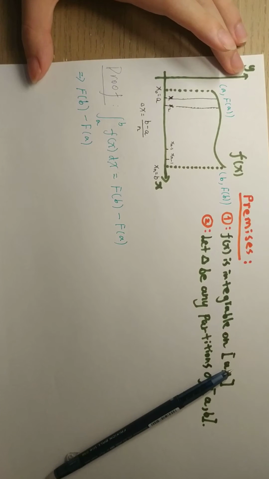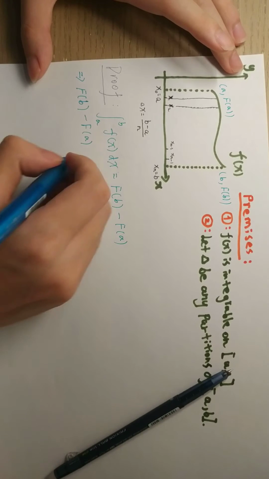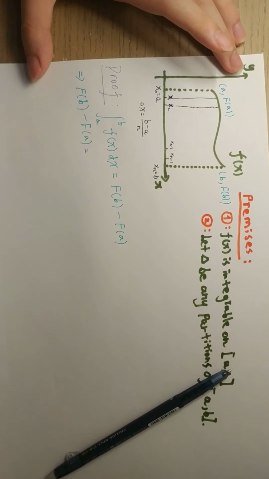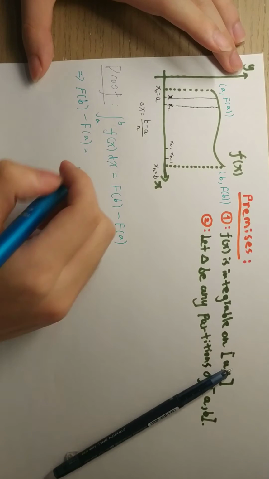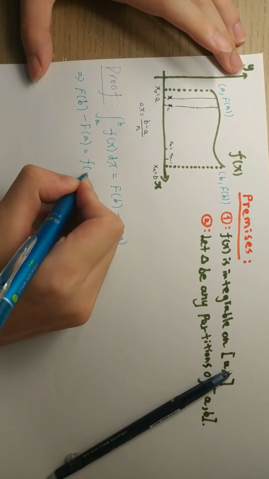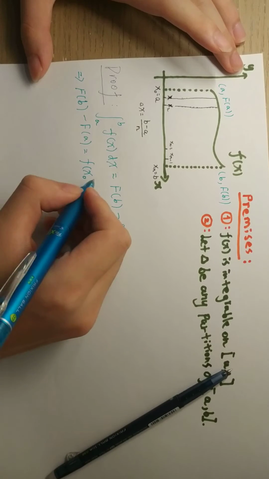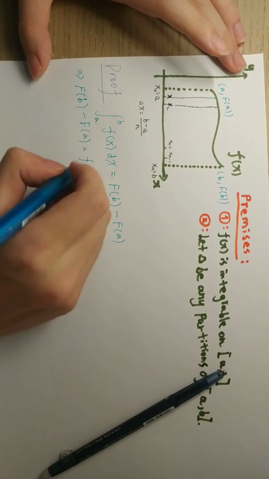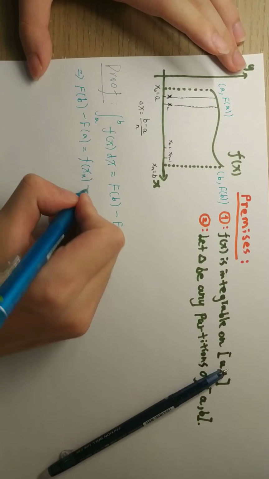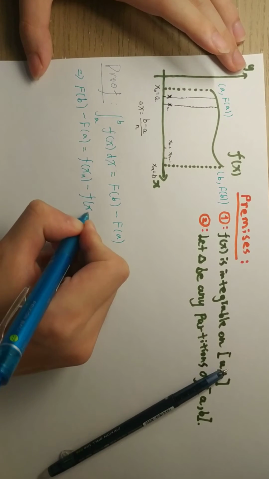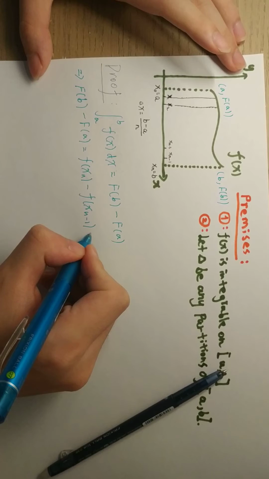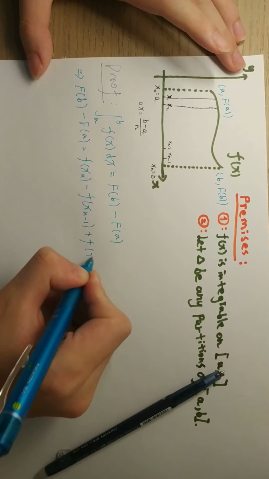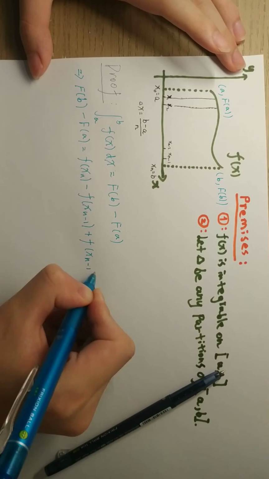By pairwise subtractions, this would be equal to f of x n minus f of x n minus 1, plus f of x n minus 1.